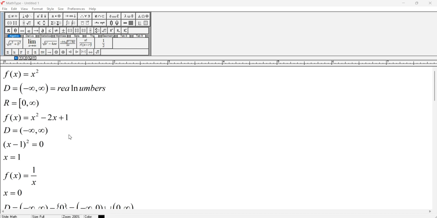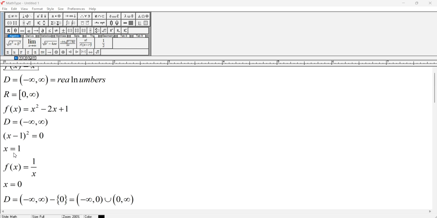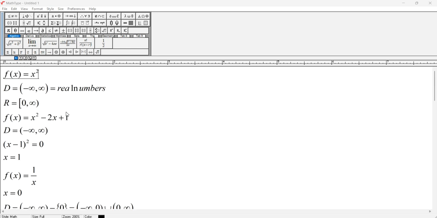It equals x minus 1 all squared. I need to know the zeros of the function, the value of x which makes this function equal 0. When x equals 1, this function is 0. So its domain is minus infinity to infinity.